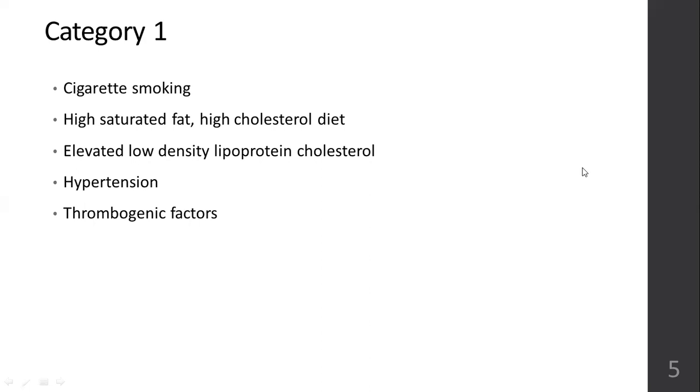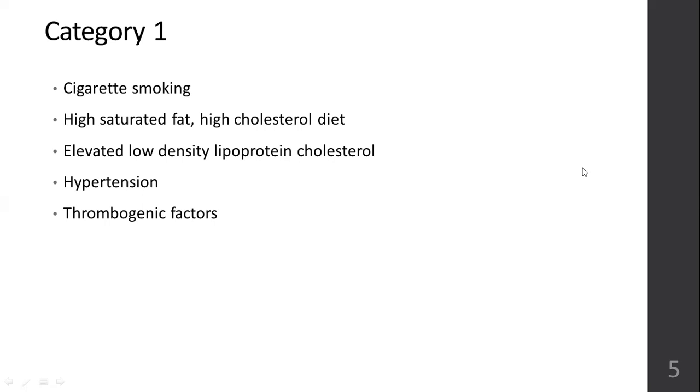Category 1: the risk factors for which interventions have been proven to lower the cardiovascular risk. If you take interventions here, you can lower your cardiovascular risk.